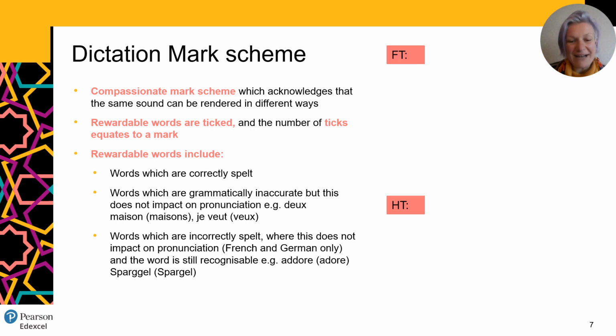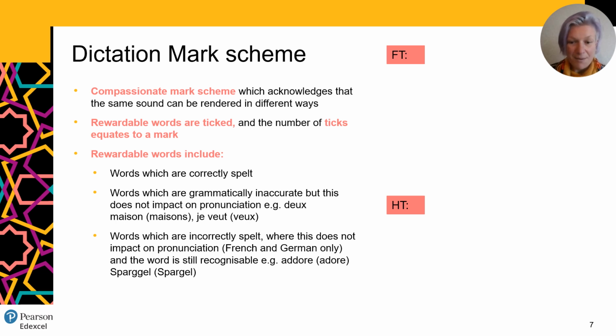Words which are grammatically inaccurate, but that grammatical inaccuracy doesn't have any impact on the pronunciation. So if the student hears deux maisons, two houses, and they write de maison without the S, so essentially what they've written is "to house."